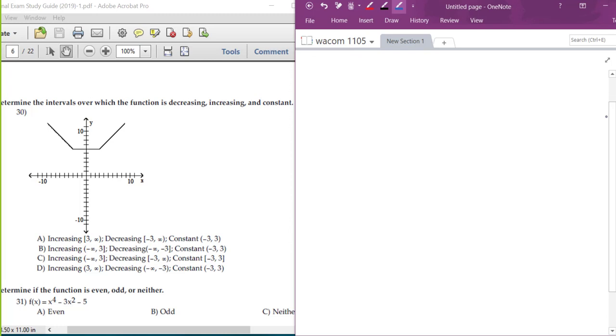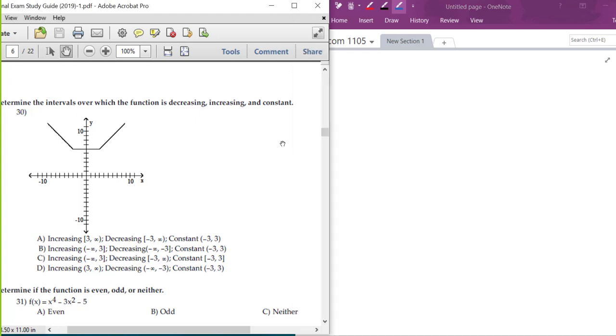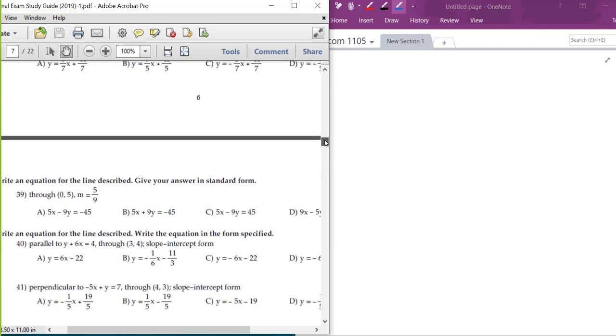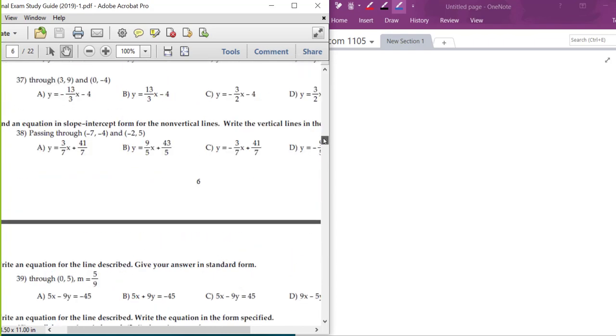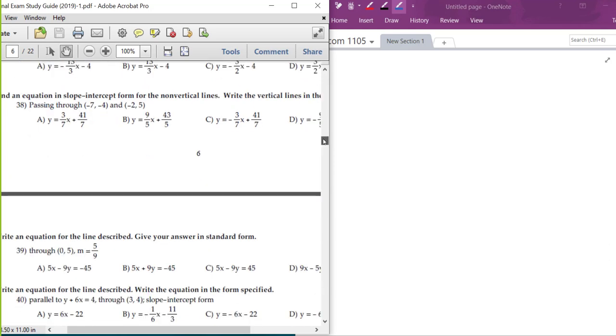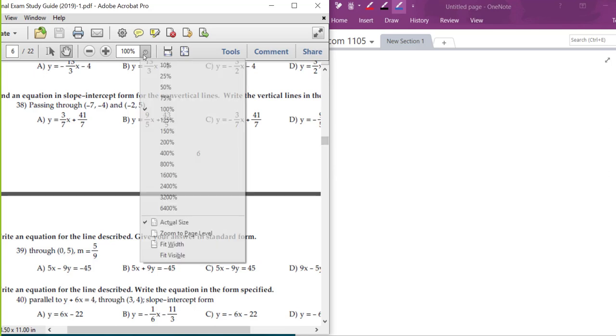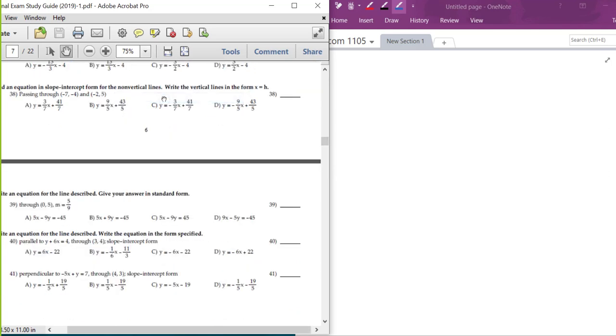All right, the next one I picked is the line section. Remember with lines that you have several formulas you need to memorize. So I picked 38. And it wants us to put that back down. All right.